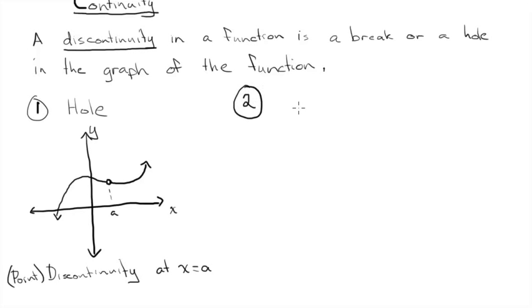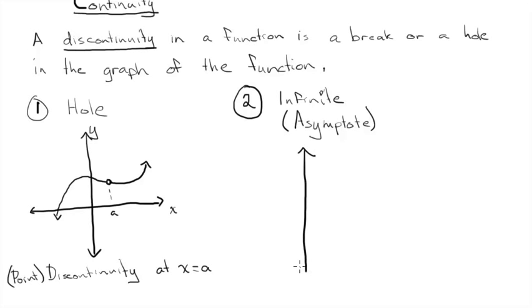Another way, and this one you've probably seen before, is what we call an infinite discontinuity, and really this just means a vertical asymptote. Horizontal asymptotes don't cause discontinuities.